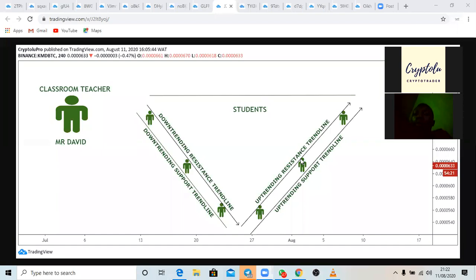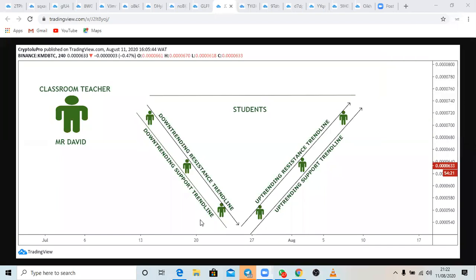Maybe the fourth student came back to the line to meet his friend, the third student here. So let's assume he came back. That is what is called a retest. That is, the fourth student came to retest the trend line that it broke out from.